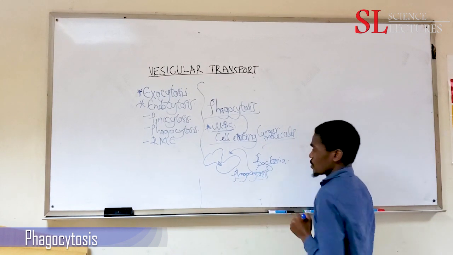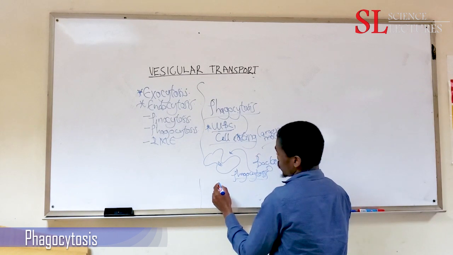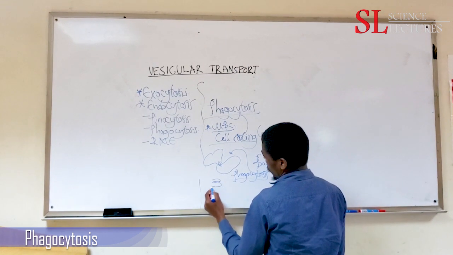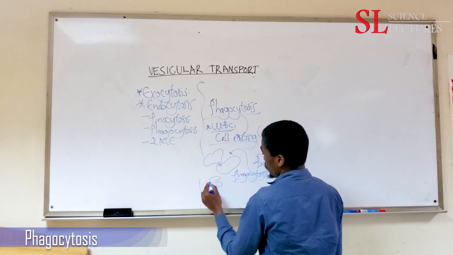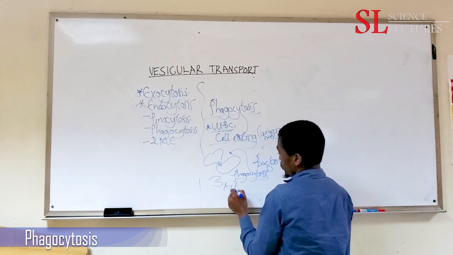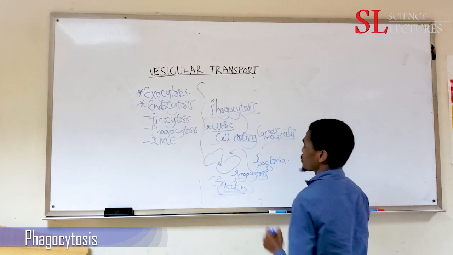And for phagocytosis to happen, we very well know that we need pseudopods. Development of pseudopods: if this is a cell, it should have those foot-like structures, the false feet or pseudopods. Their formation is aided by actin filaments, like we saw in our video for cytoskeleton.